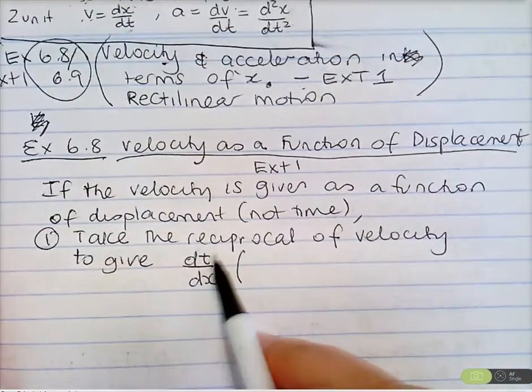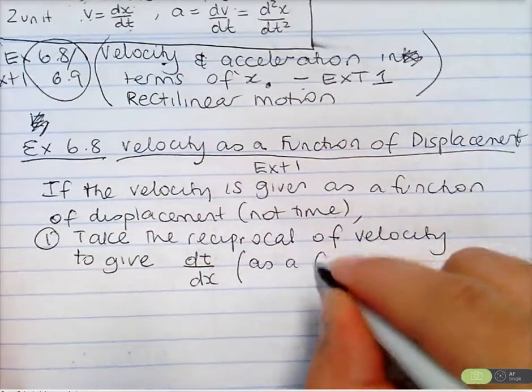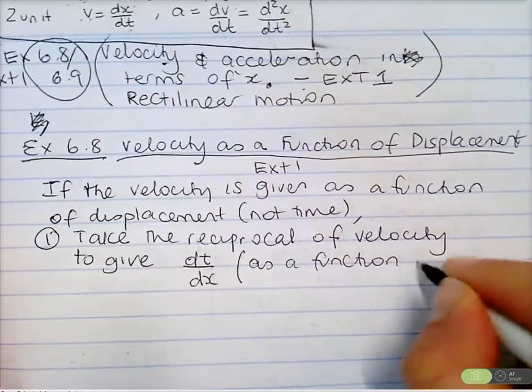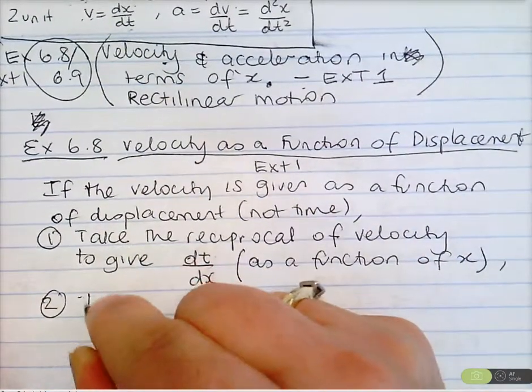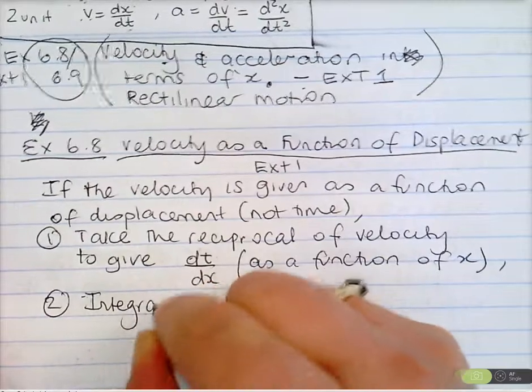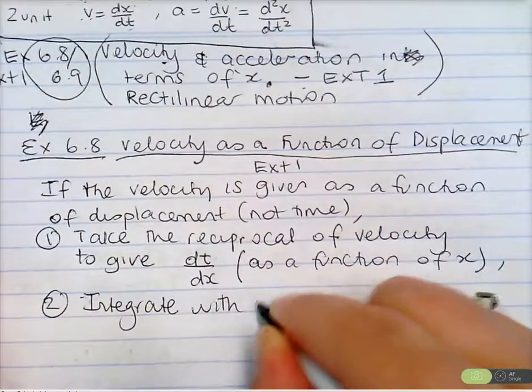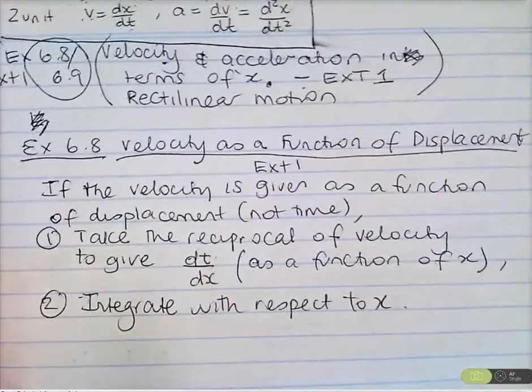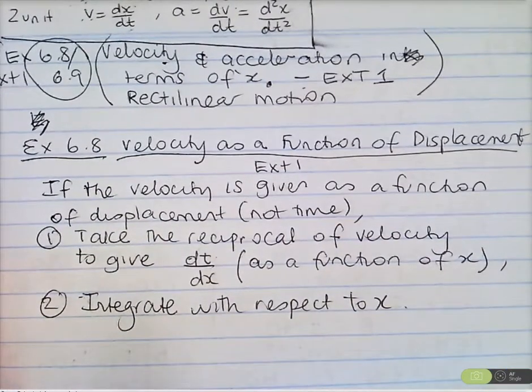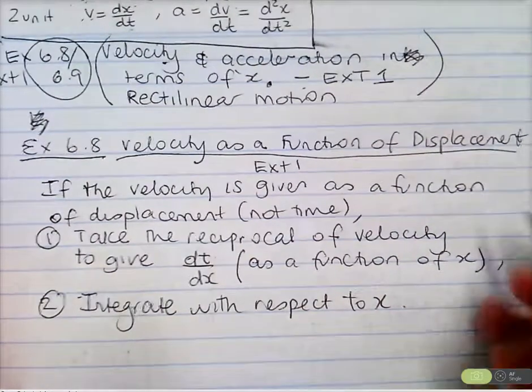Now when you're doing dt/dx, you're now as a function of x. And step 2, then you integrate with respect to x. So if velocity is given as a function of displacement, not time, you take the reciprocal of velocity.